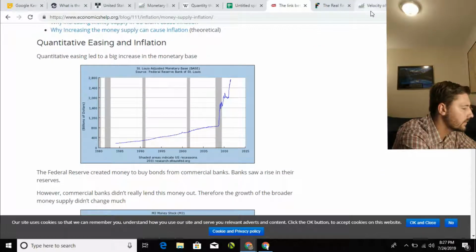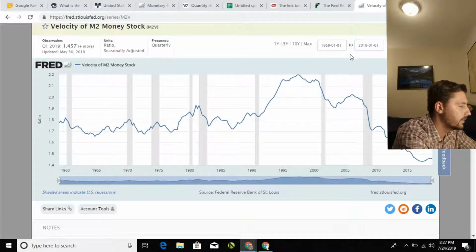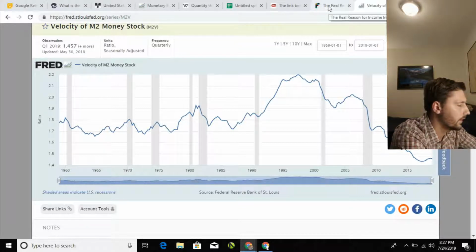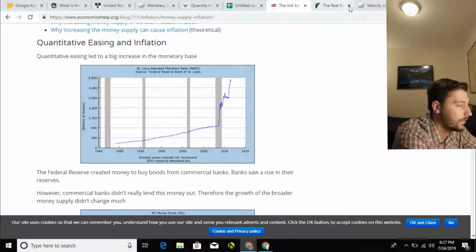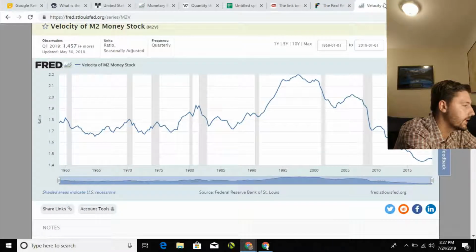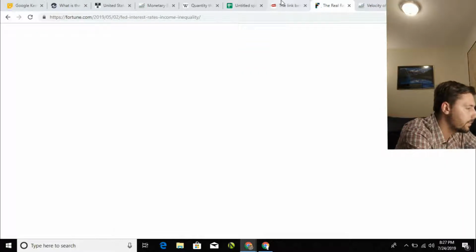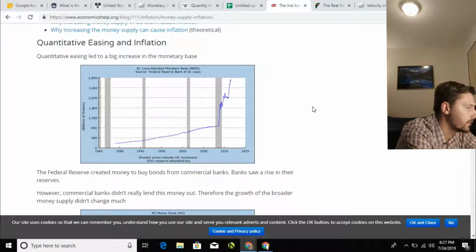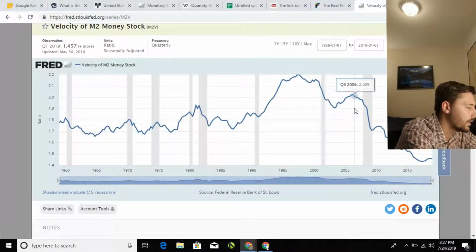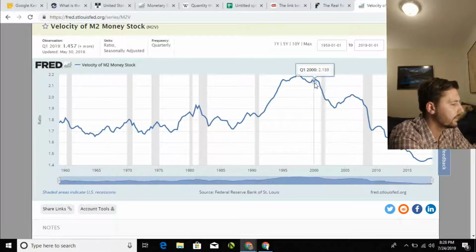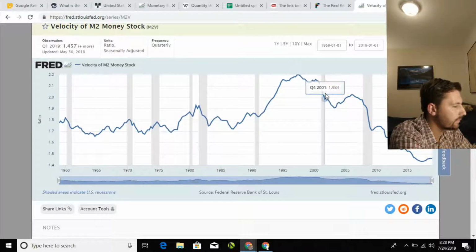Your velocity definitely goes higher at the same time your monetary base does. But you hit a peak at about 2000. Really, your peak is in '97, then in 2000 you start to see it really drop off as soon as you get the dot-com boom, and the velocity of your money goes down.